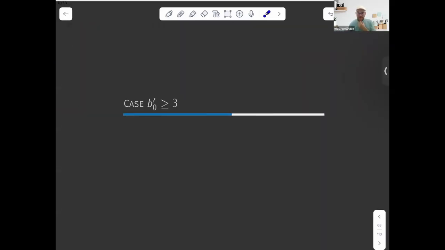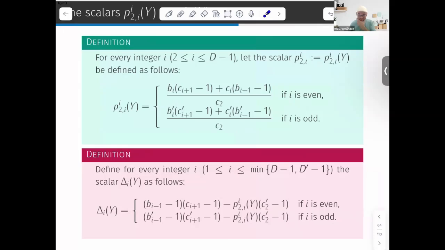So for b0 prime now greater or equal than 3, let's say that this is more hard, and at the same time more interesting. And to do that, we need now to use properties of distance-biregular graphs, and we will use the local distance regularity condition to compute a certain number of vertices. So we will define a certain scalar e_i.